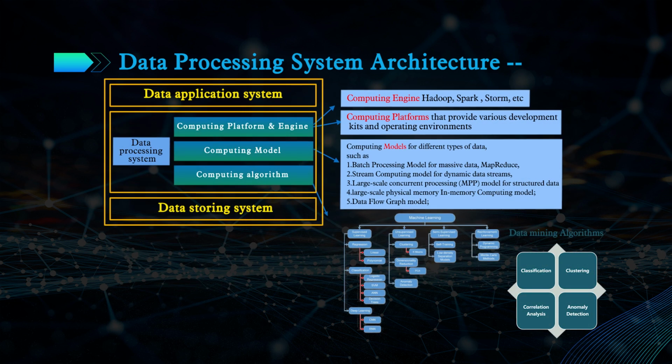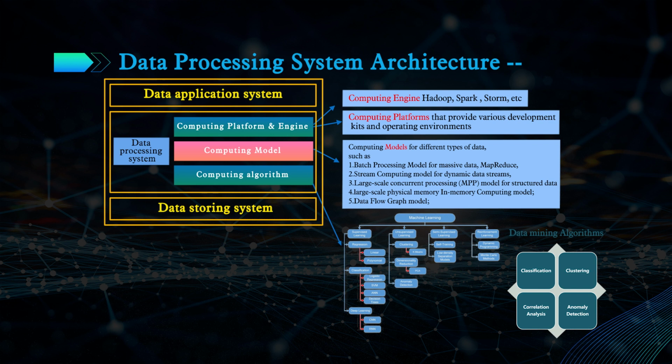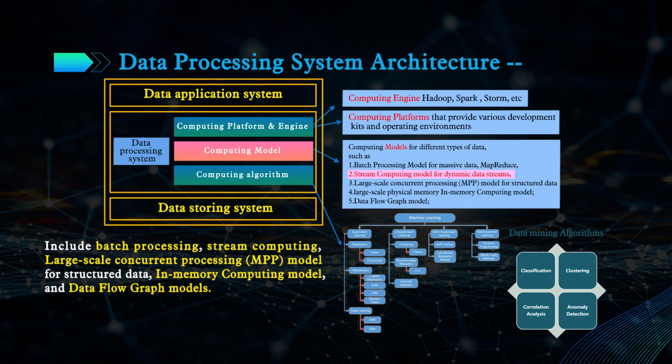From the perspective of computing architecture, the data processing system is divided into data algorithm layer, computing model layer, computing platform and engine layer, etc. Computing models are the way that different kinds of big data is processed in different scenarios, which include batch processing, stream computing, large-scale concurrent processing, like MPP model for structured data, in-memory computing model, and data flow graph models.